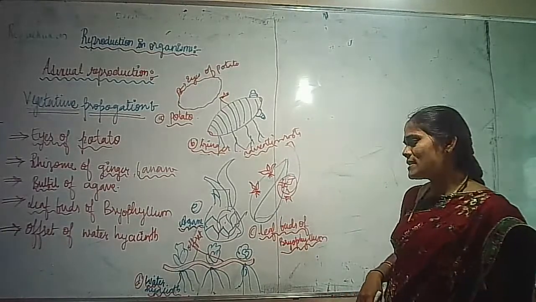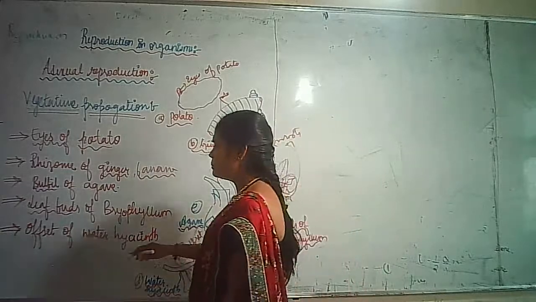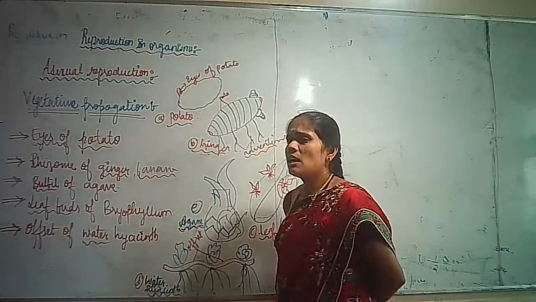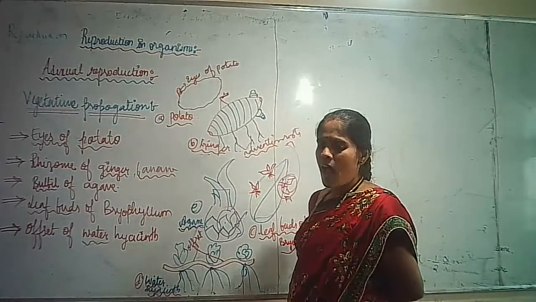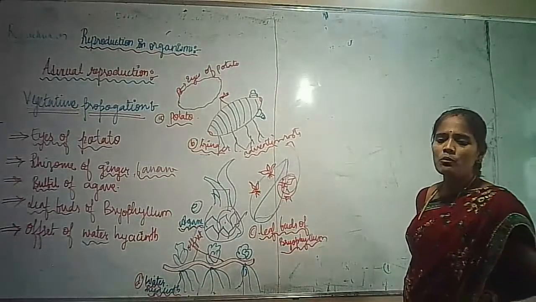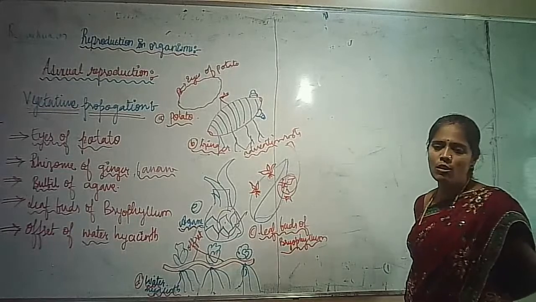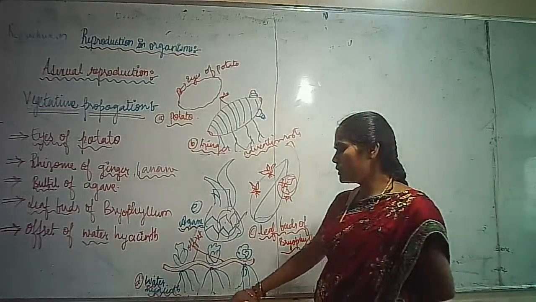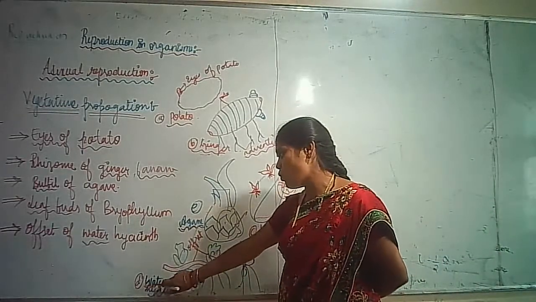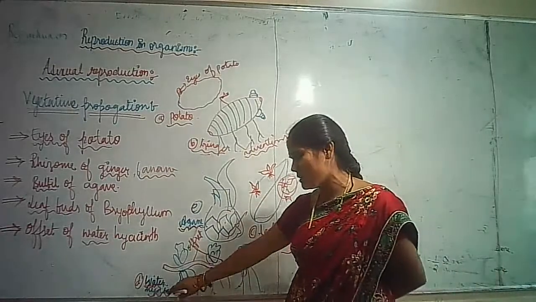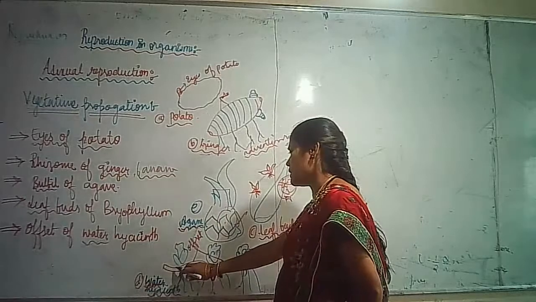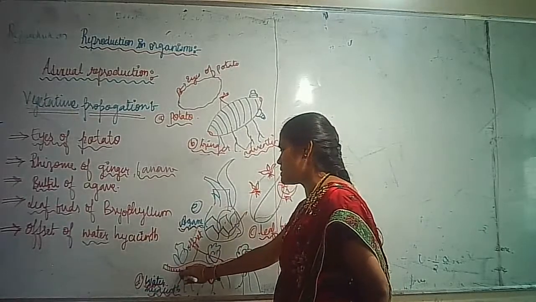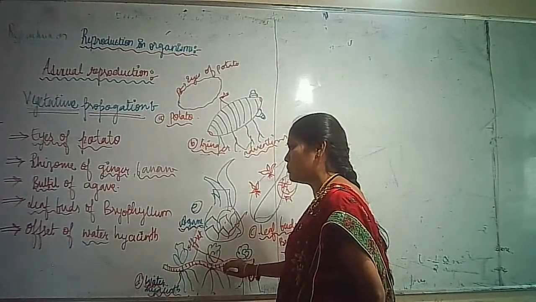Understood? Next, you can see there are different types: runners and suckers. Have you seen any water body covered with a plant? One name I can give is water hyacinth. You are able to see this, which I am marking here with a red marker.